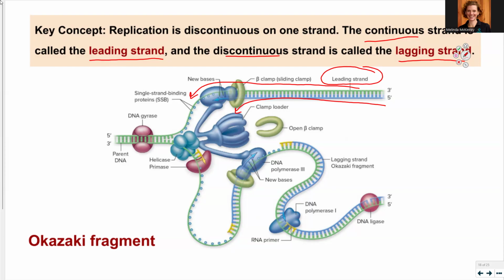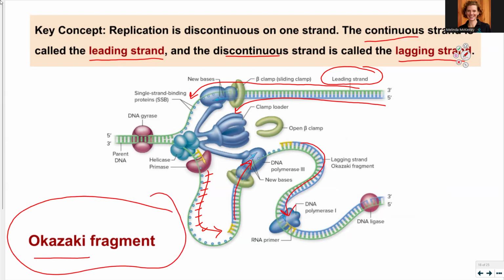But on the other side, since it can only go in one direction, it has to hop on and move away from that opening. So it starts synthesizing bases, but then the section that is ahead of it opens up and it needs to jump on again. So you see these segments that are fragments, and these fragments are called Okazaki fragments.